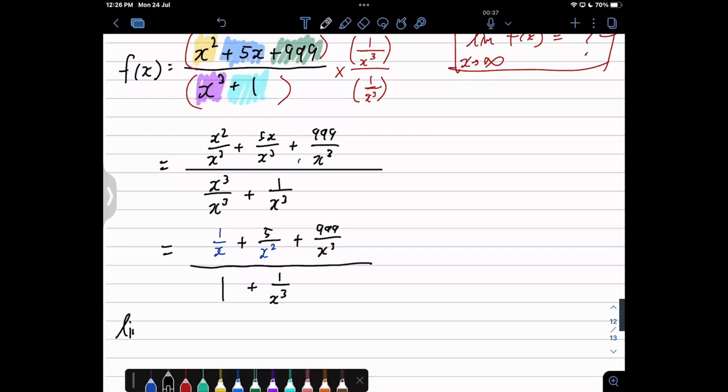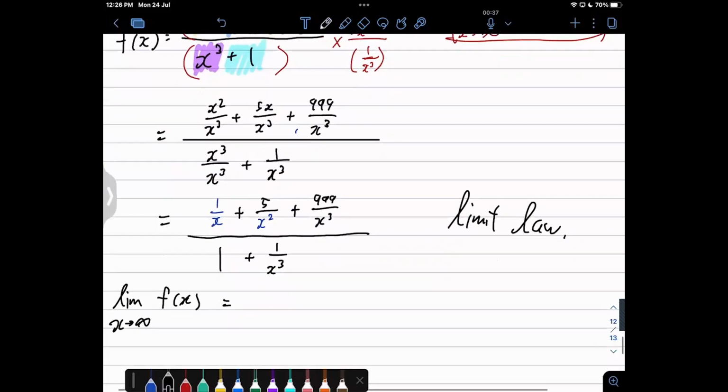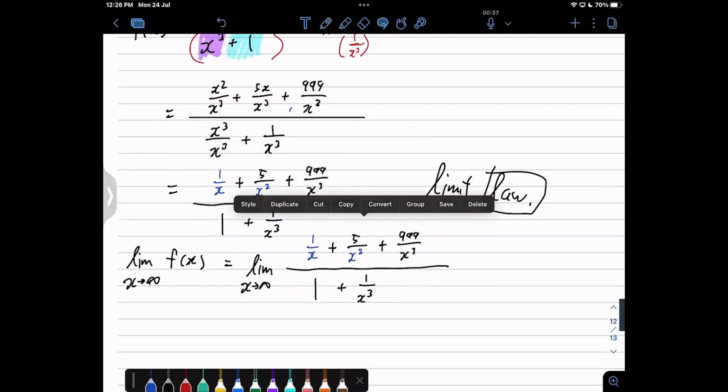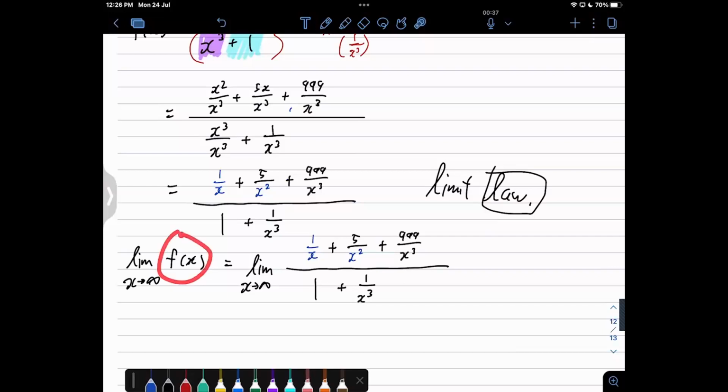Now the question is, what is the limit of f of x as x approaches infinity? In other words, you don't draw the graph. This one uses what we call limit laws. One of the laws of limits says that when you take the limit of f of x, we substitute f of x with whatever we just found.